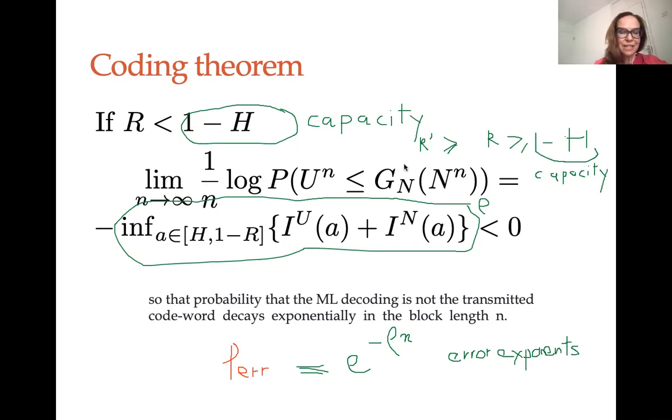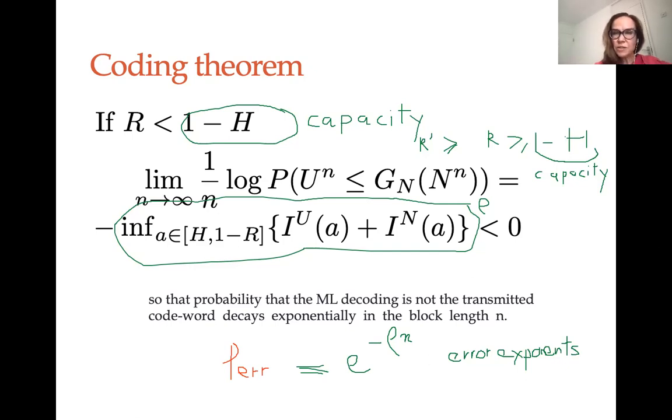Because sure, maybe your rate's a bit too high, but if the noise was low, you probably still managed to hit the correct code word before hitting one of the incorrect code words. That is to say, if your rate is somewhat higher than capacity, then it is true that you're not guaranteed, with high probability in this error exponent way, to hit the correct code word.